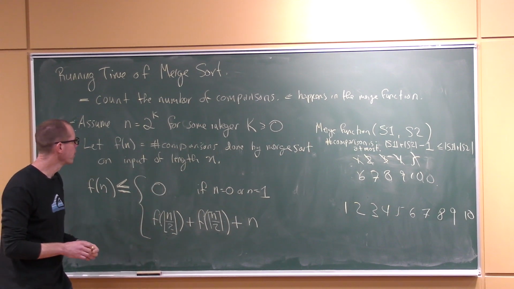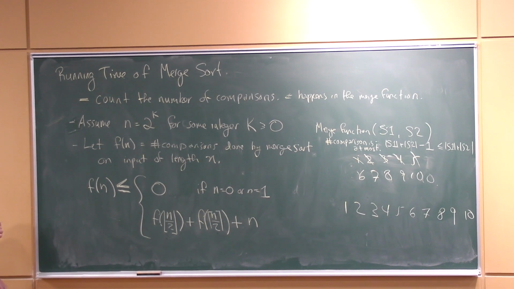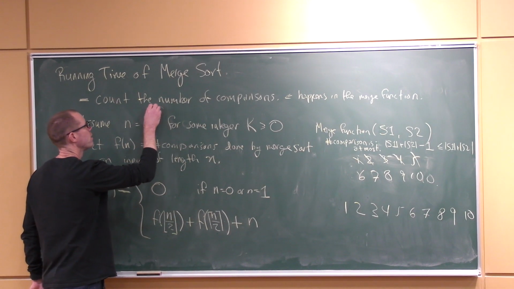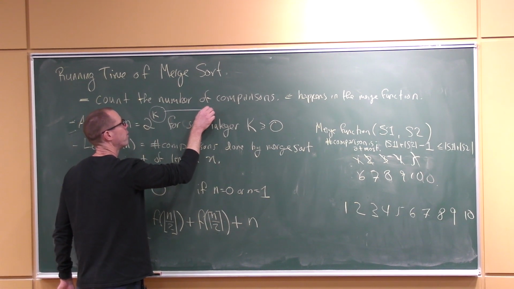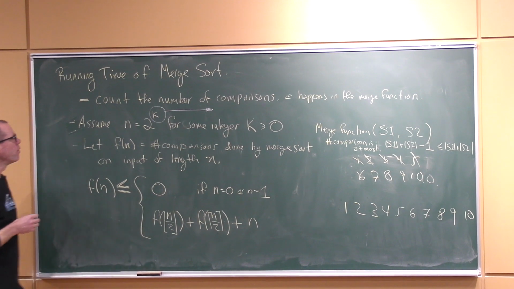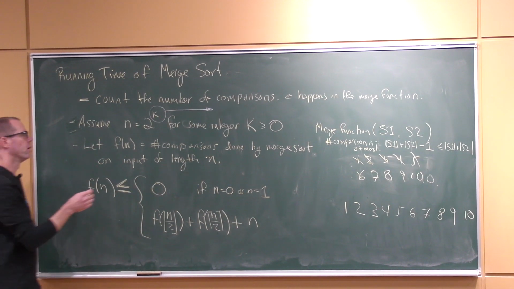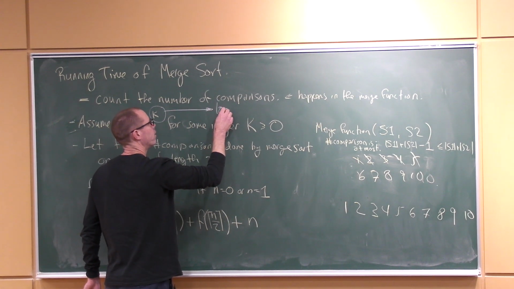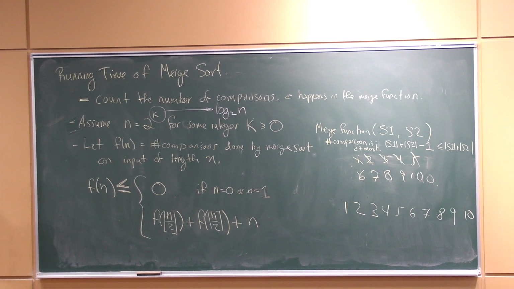Okay? So n is 2 to the k, for some integer k, is what we're assuming. That means k here has a name. So what is the value of k in terms of n? It's log base 2 of n. All right.